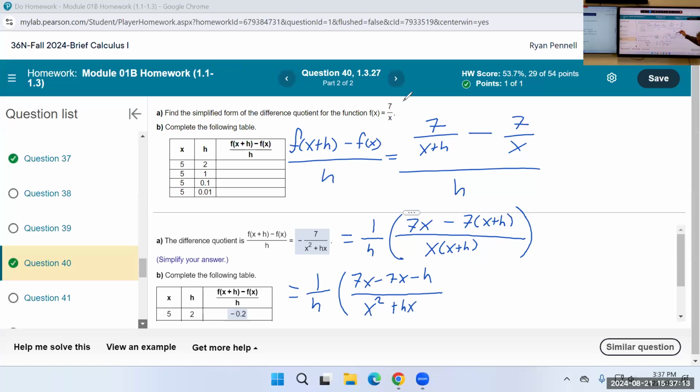I distribute this term, negative 7 times x is negative 7x, and negative 7h. 7x disappears.